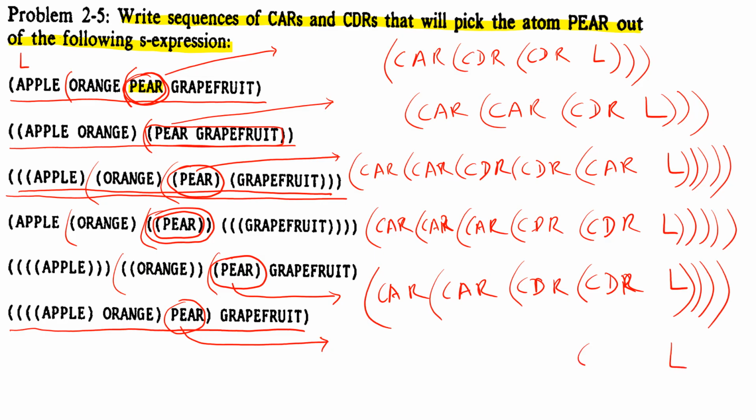We take a CAR which will give us the first element of the list, which happens to be this whole element. And then we take a CDR on that, which gives us a list which contains pear, and then a CAR on that.